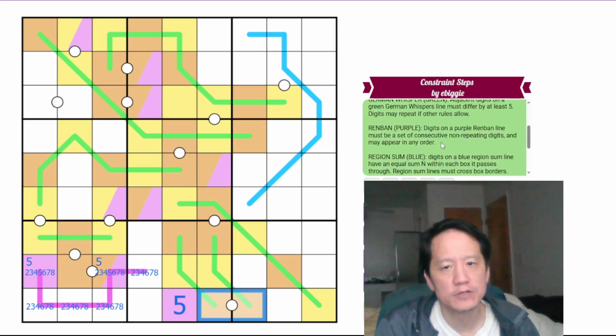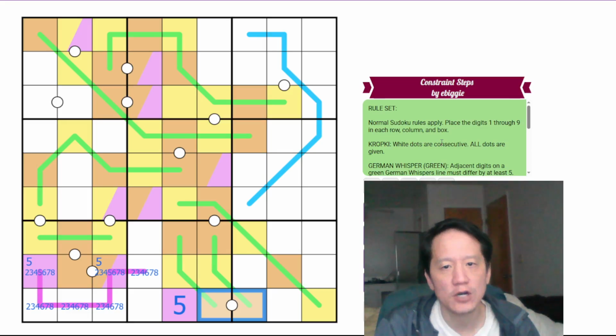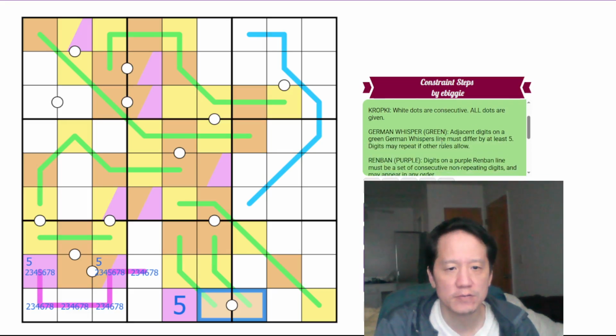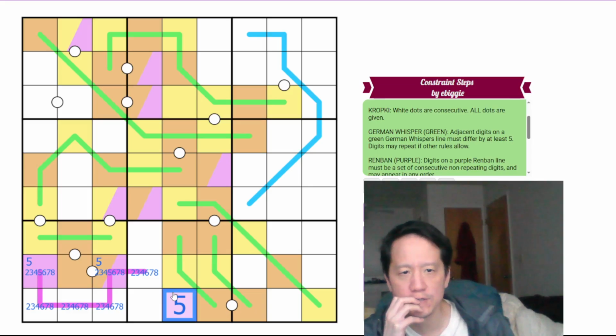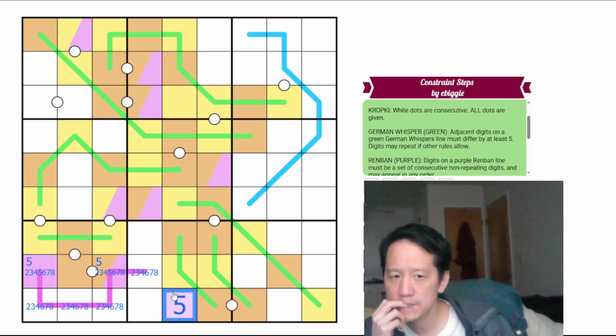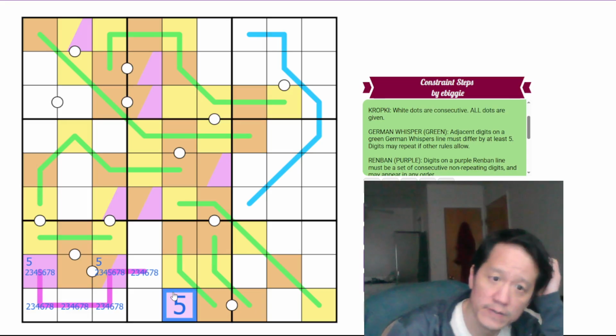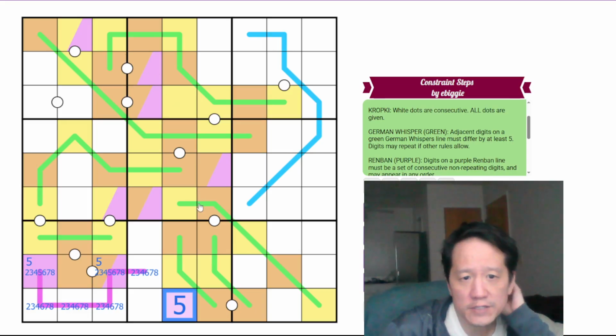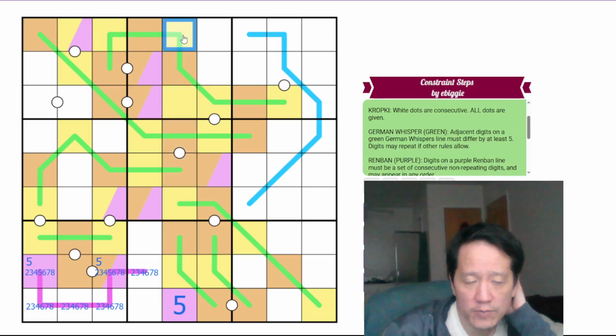Okay, what else do we have? Oh, all dots are given. Interesting. Okay, so where is the orange 4 or 6 in the column?